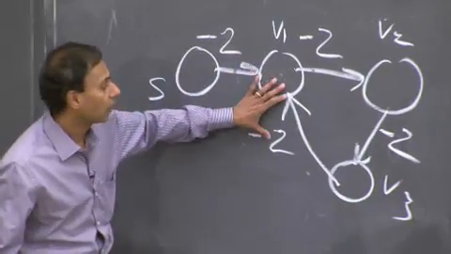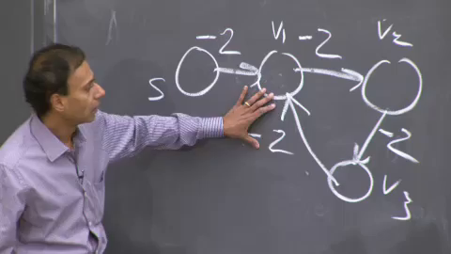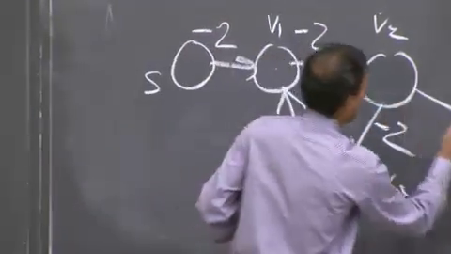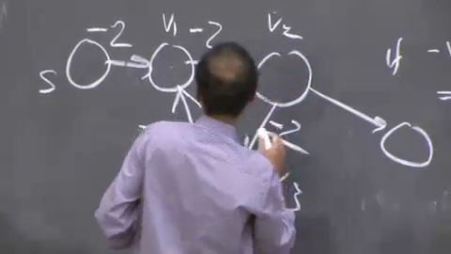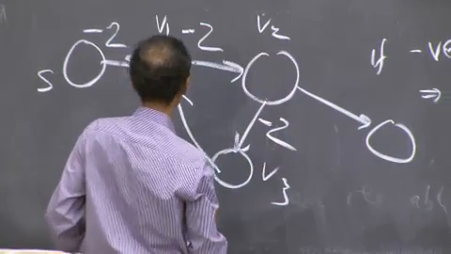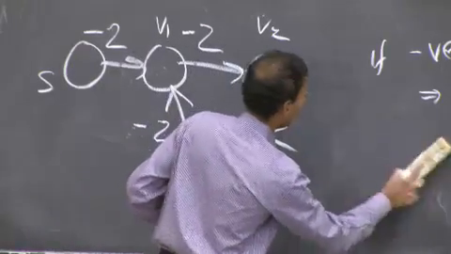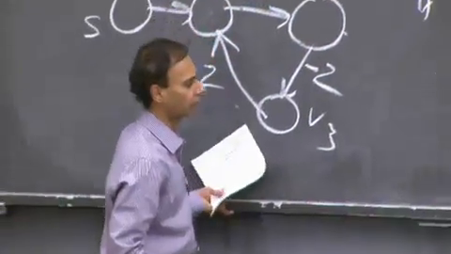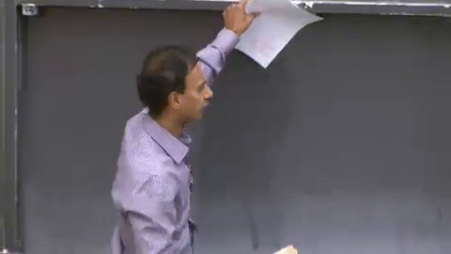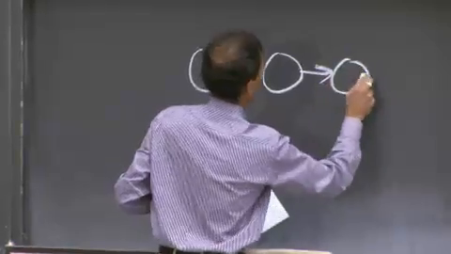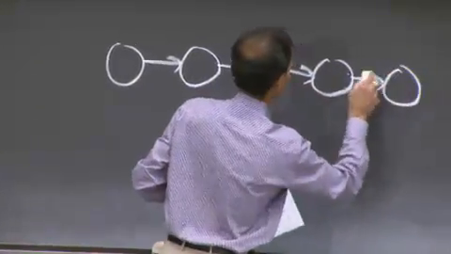But if you actually have a problem where you say, let me start over again. Let's say I want to find the shortest simple path for a different graph, right? And it happens to have a negative weight cycle in it.